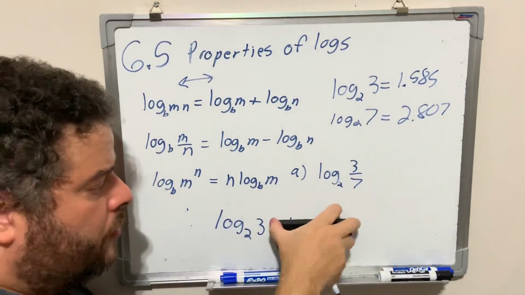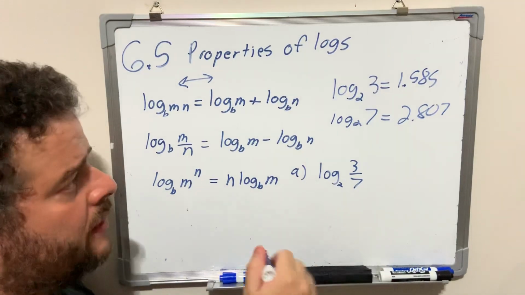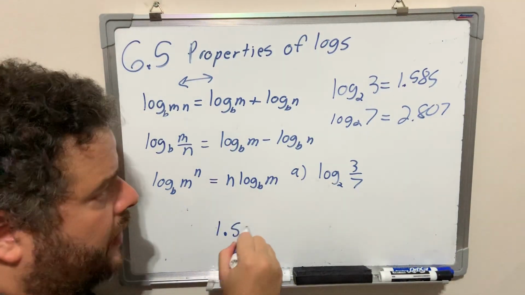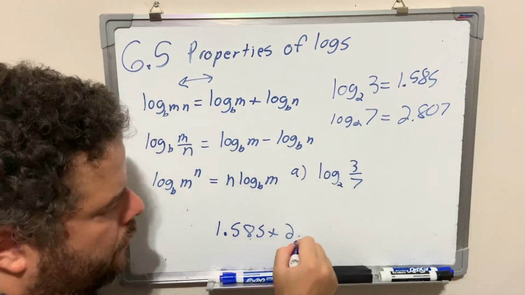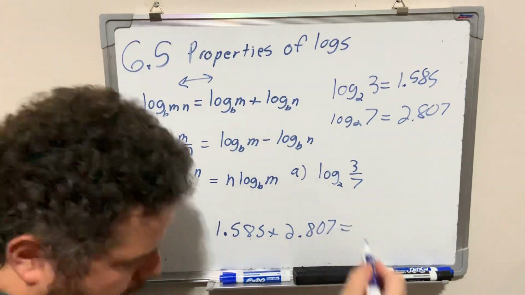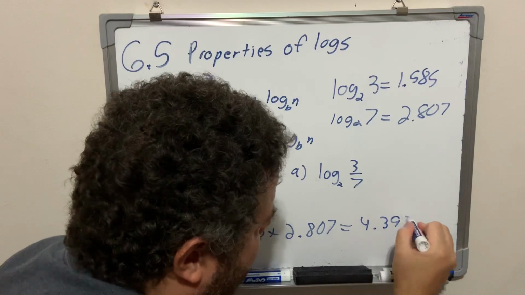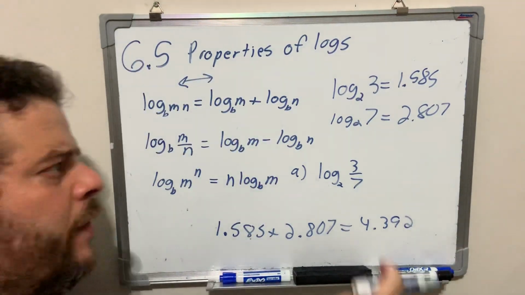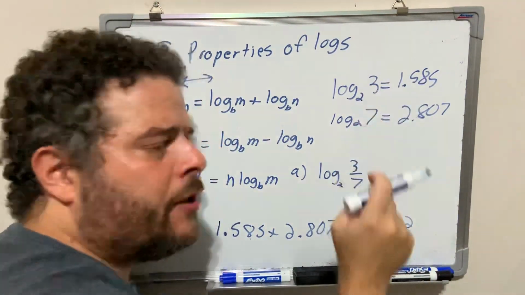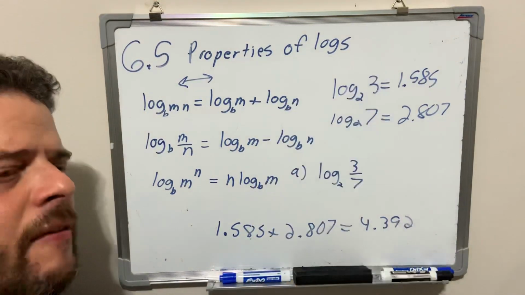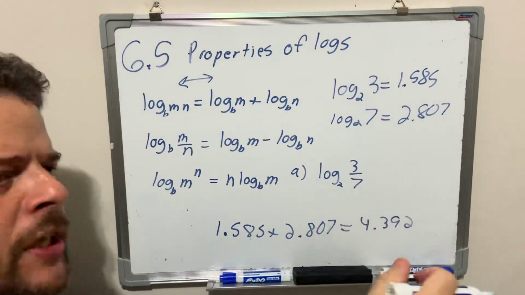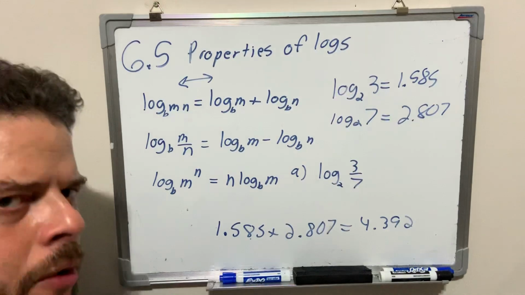Substitute the values. And now instead of subtracting, I'm adding because it's multiplication. Basic arithmetic gives me an answer of 4.392. So again, even though they didn't give you a particular number, they gave you a number that you could reach either by multiplying or dividing those values.